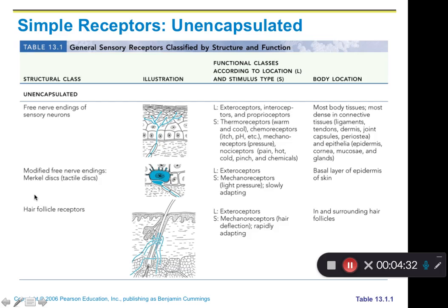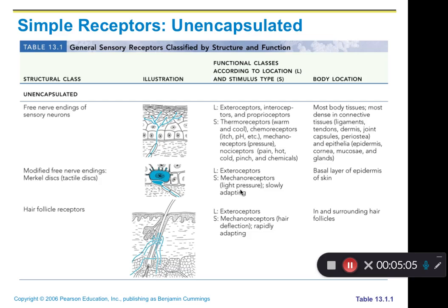The second is the modified free nerve ending, also called Merkel disc. Merkel disc is found in the skin, so it is an exteroceptor. Their function is to detect mechanical stimulus such as pressure.